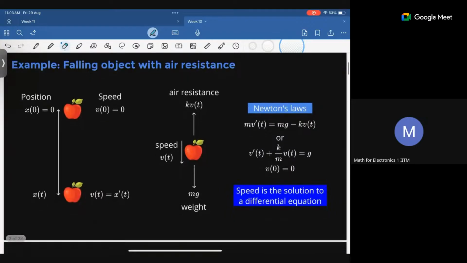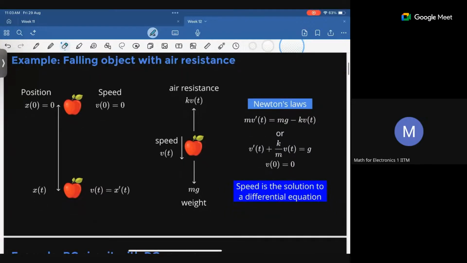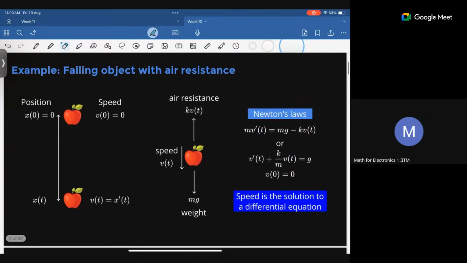There are also examples we have seen. Falling object: if the object is falling, then certain forces act on the object, and from that we can write down a differential equation which, when solved, gives the speed at a particular time.